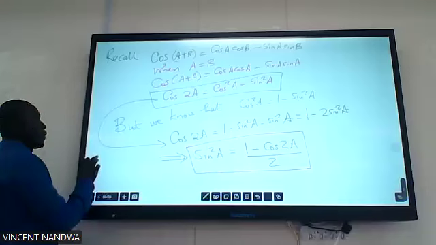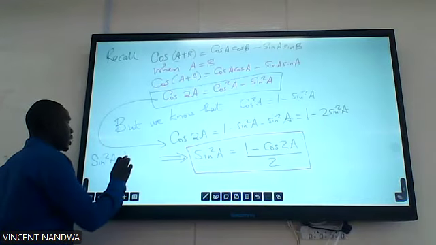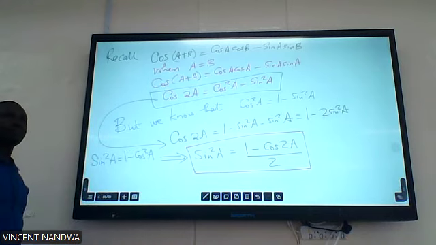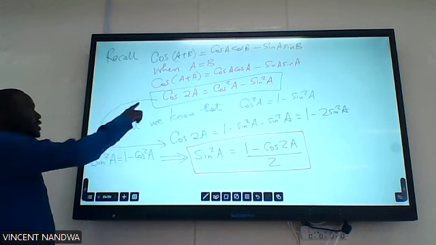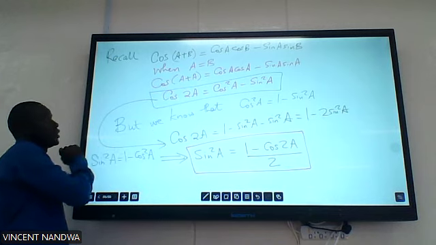Similarly, you know that sine squared A is 1 minus cos squared A. So which tells me that from this section, cos 2A, where there's sine squared, I can replace by an expression of cos.